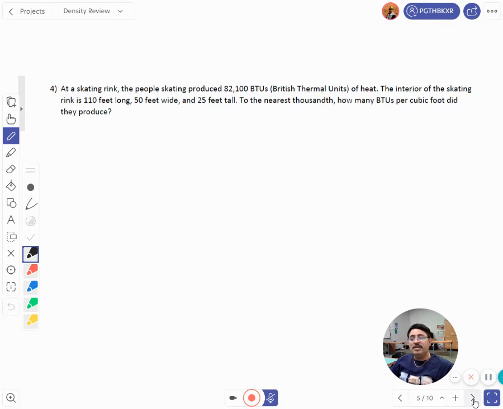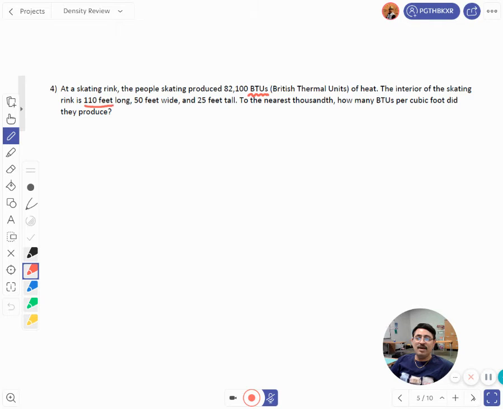The next question is: at a skating rink, the people skating produced 82,100 BTU. What is this BTU? This is British thermal units of heat. The interior of the skating rink is 110 feet long, 50 feet wide.